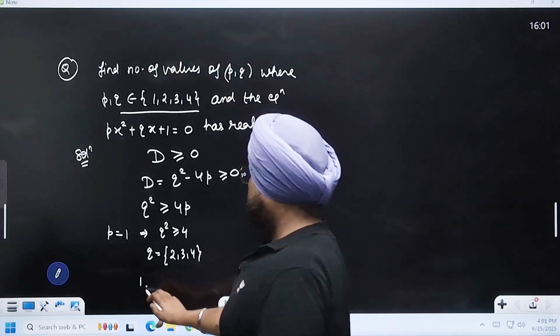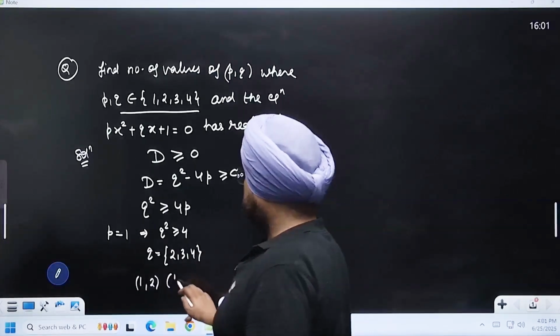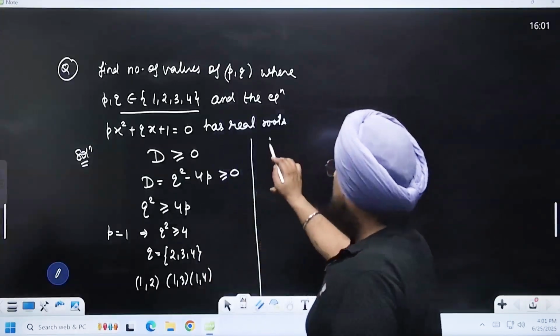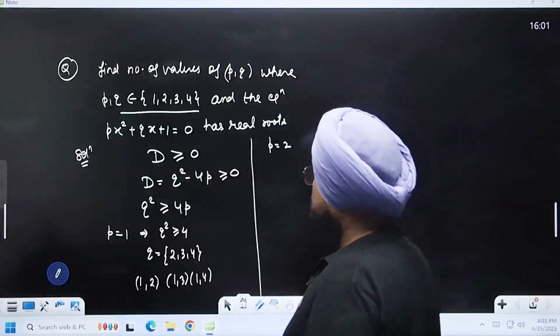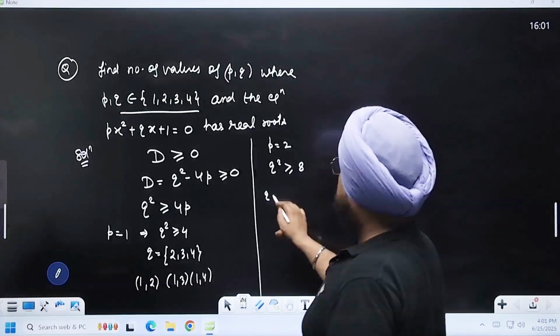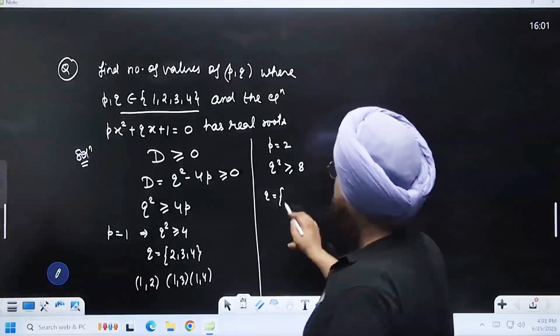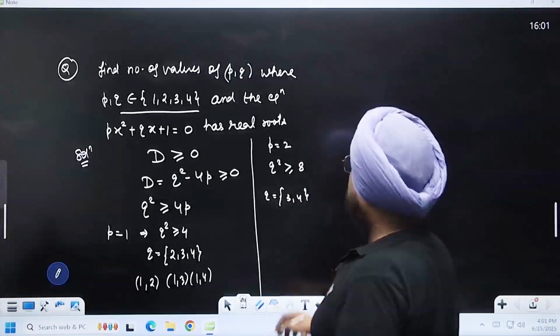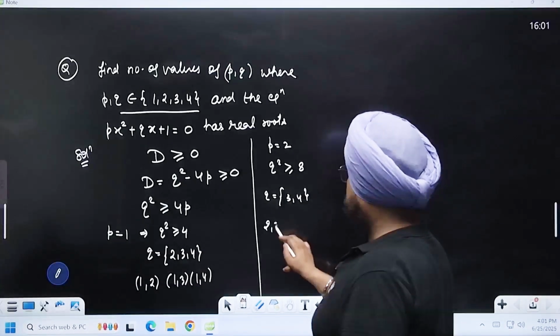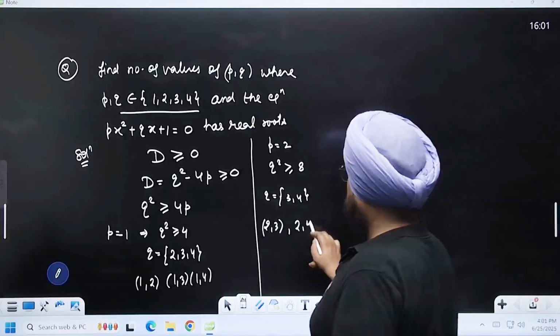The number of ordered pairs PQ is 3 in this case. Now let's fix P as 2. Q square is greater than or equal to 8. The values Q can take are 3 and 4. So the ordered pairs PQ are (2, 3) and (2, 4).